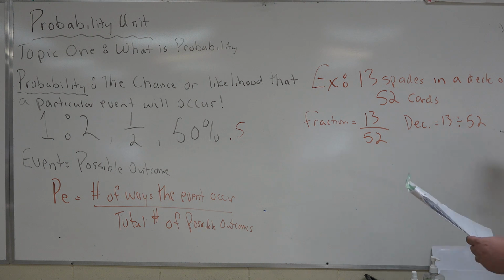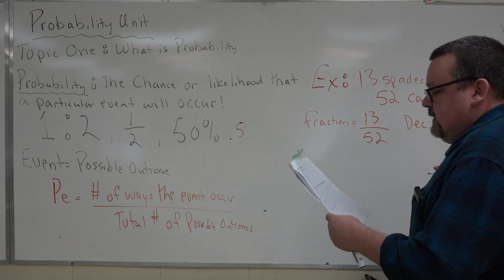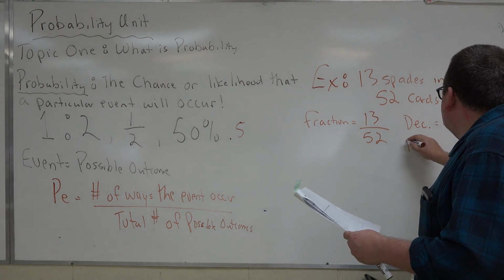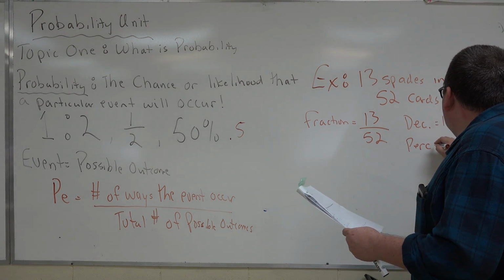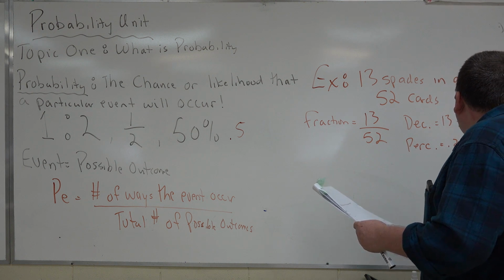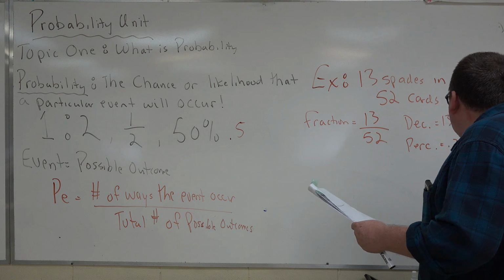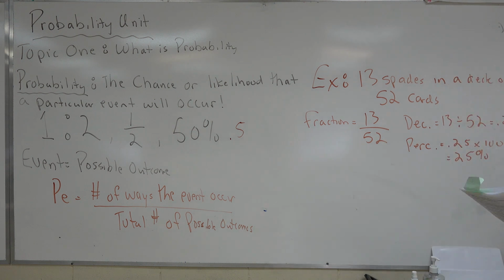That tells you that 0.25 of those cards would be the spades. Now, as a percent, you take that 0.25 and multiply it by 100. 25% of those cards in that deck of 52 cards will be spades.